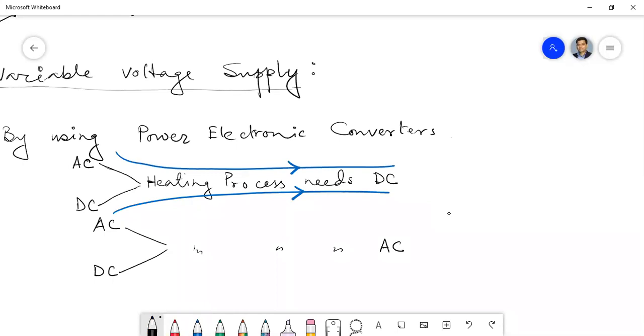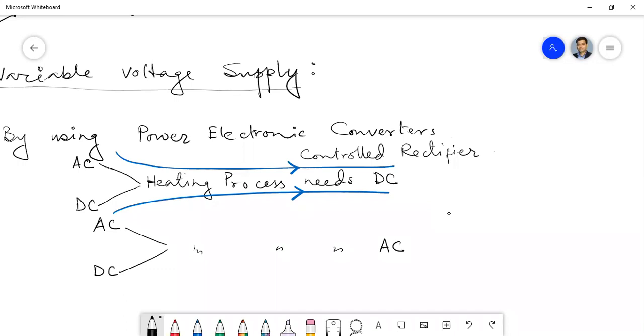This answer can be given by first year students, isn't it? You should know what type. Controlled rectifier. Okay, so at least we can say controlled rectifiers. Otherwise, how will we get the controlled voltage output? Because we need controlled DC, because we are discussing how to control the input voltage to the heating process, isn't it? So it should be a controlled rectifier.